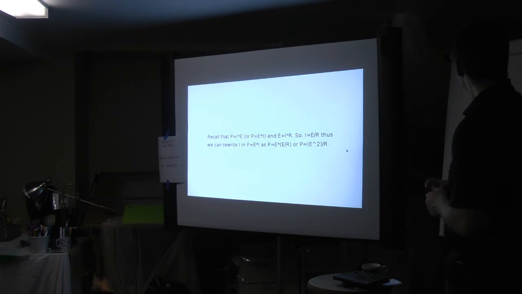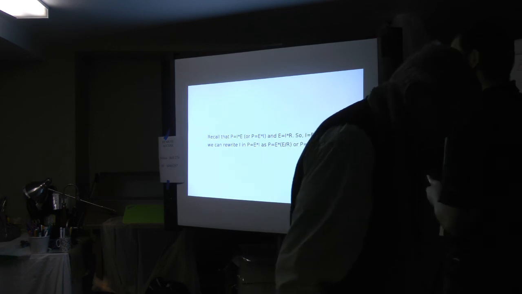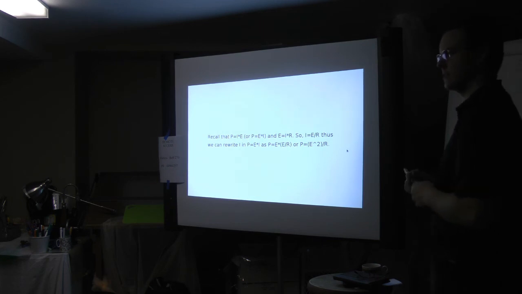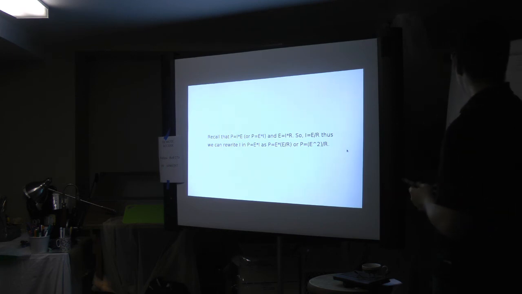E over R is the same as E divided by R. Divided by or over, same thing. When I say over, I'm talking in fractions. Same thing, exactly, very good.